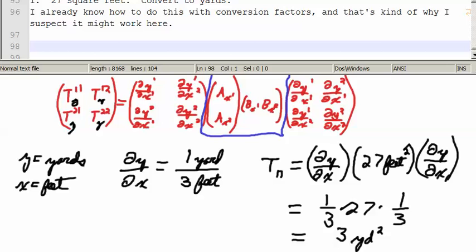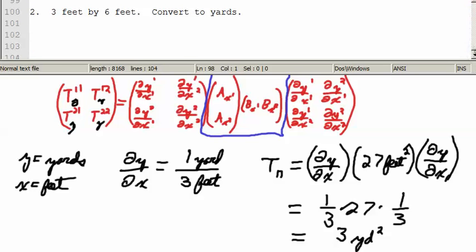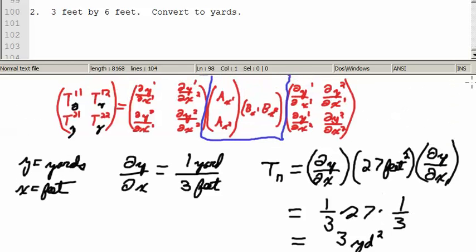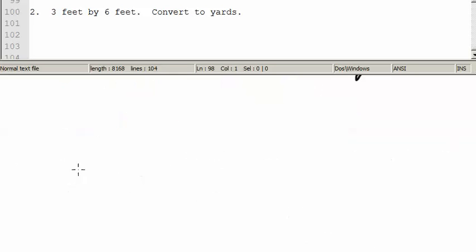Okay, the problem with that example was that it doesn't maintain that 2 by 2 appearance that I have up there, so that's why I made up this other example with 3 feet by 6 feet. If I have 3 feet by 6 feet, we'll be able to consider these cross terms, and these are going in the same direction.